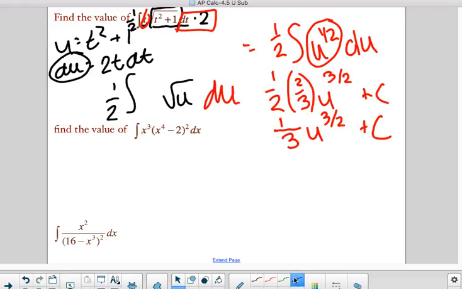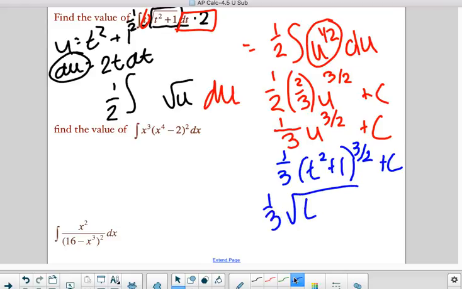What does u equal? The book probably won't give you your answer that way. The book will probably say this 3/2 power. What type of root is being taken? Square root.